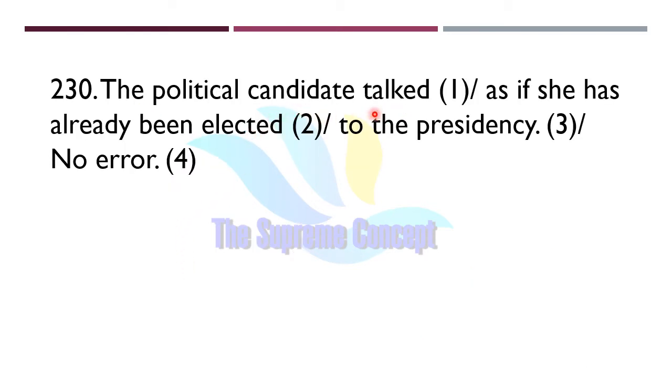The political candidate talked as if she has already been elected to the presidency. Now find out where exactly the error lies in this question. Yes, the error lies in part number 2.